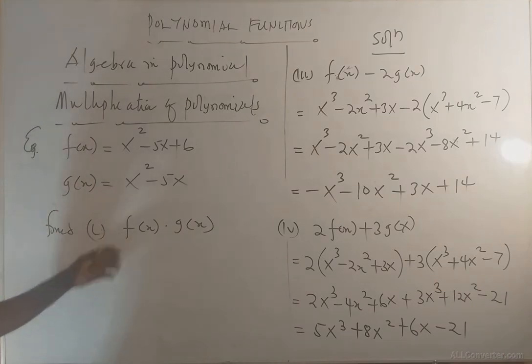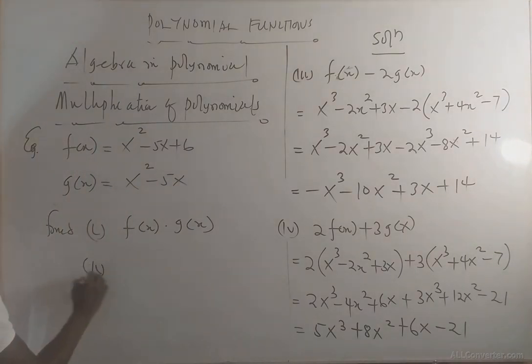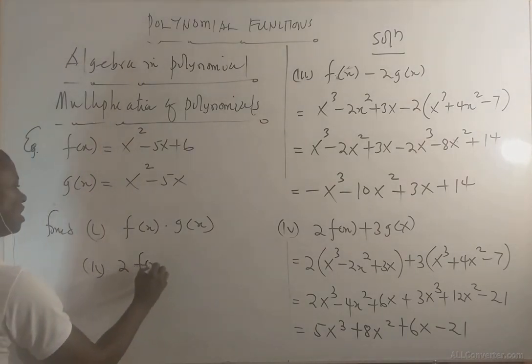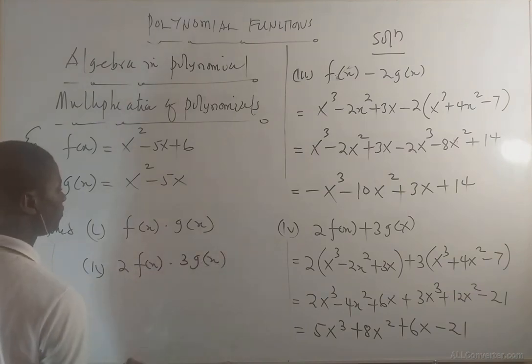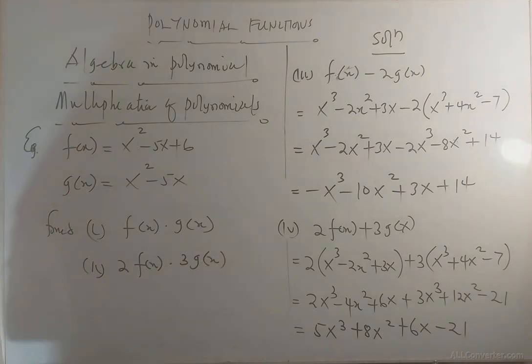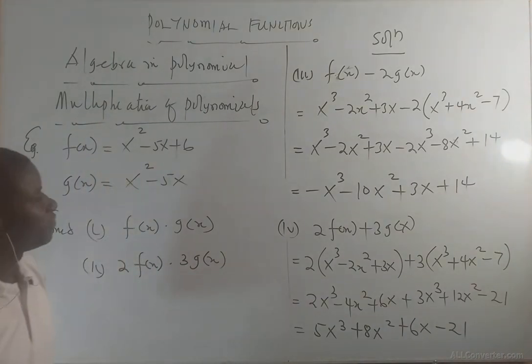This is what we are given. Then we have 2 f of x dot 3 g of x. So let's assume that this is what we are given to simplify.